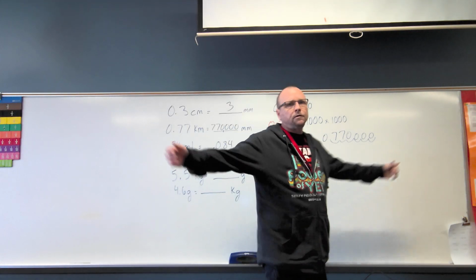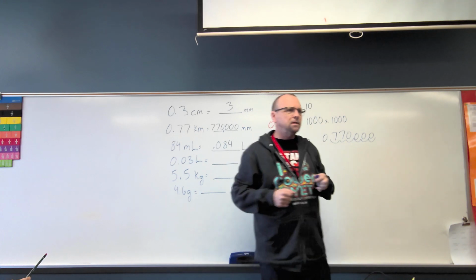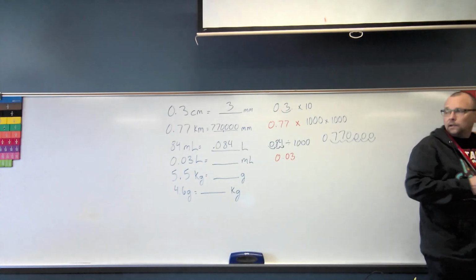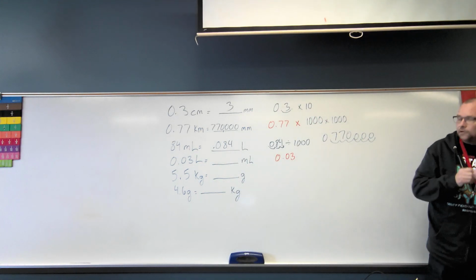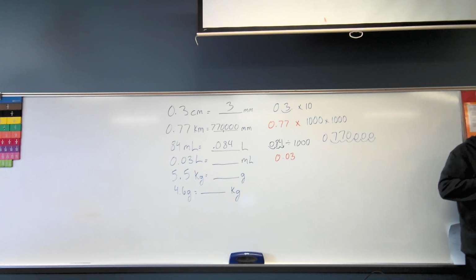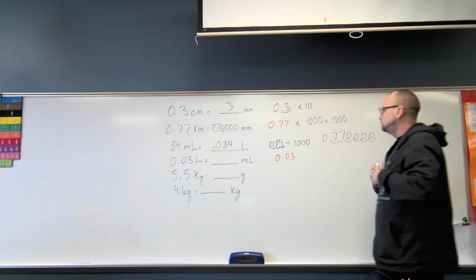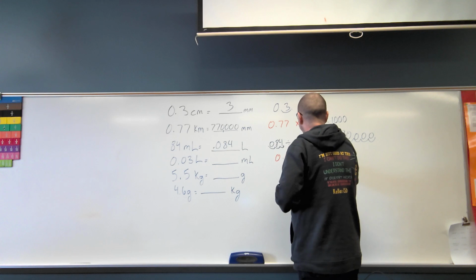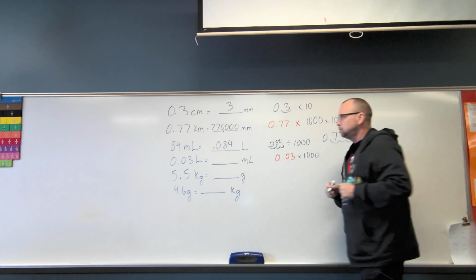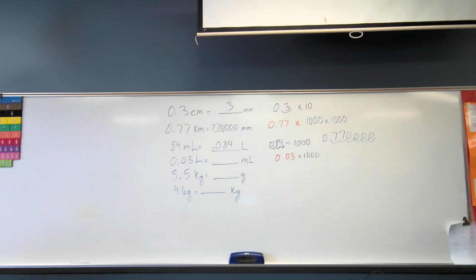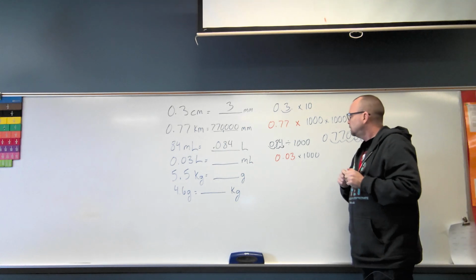So I'm going from liters to milliliters, which means I multiply. How many milliliters are in 1 liter? 1,000. So what would my answer be? 30.